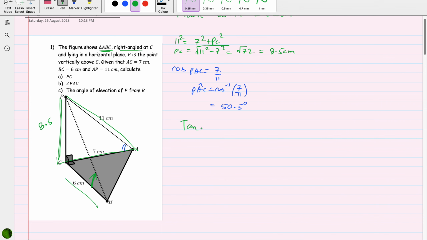So tan of B is perpendicular over base. So B is tan inverse of 8.5 by 6, and the angle of elevation is 54.8 degrees, rounded to 1 decimal place.